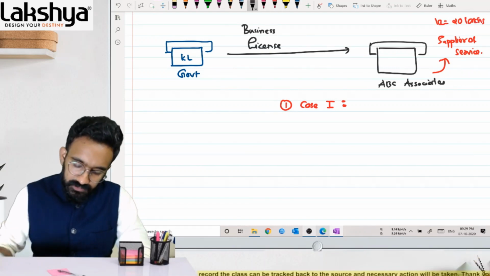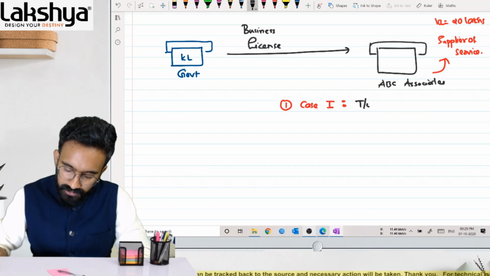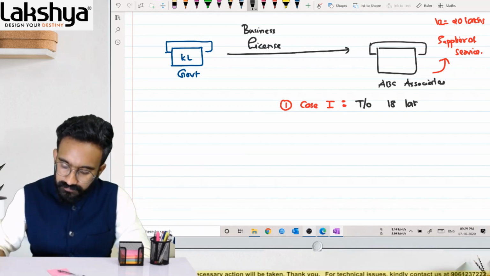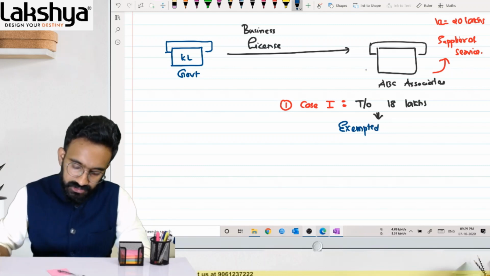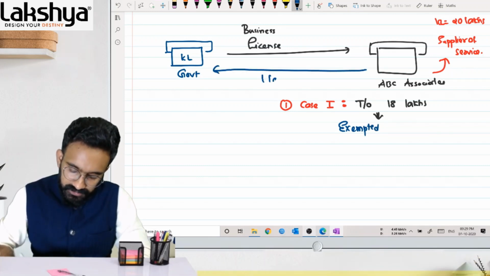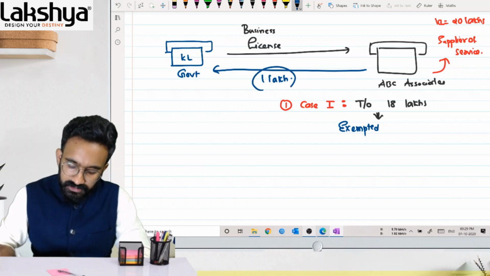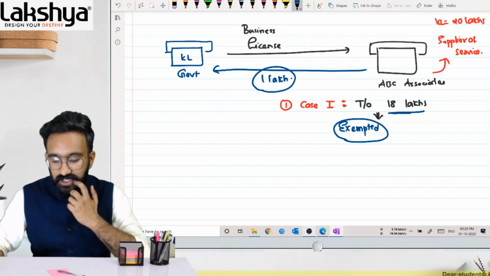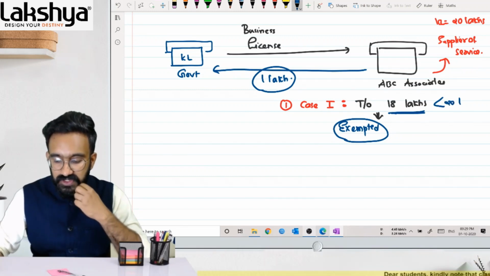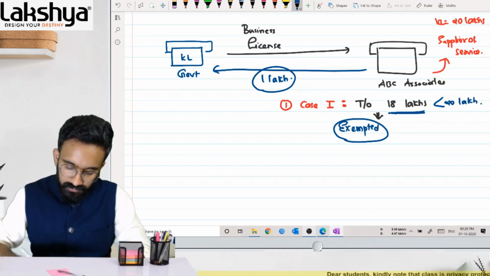Case 1: this ABC Associates' turnover is 18 lakhs. Is it taxable or exempted? It is exempted. Suppose ABC Associates is paying 1 lakh rupees to the government. This 1 lakh is not subject to GST. It is exempted because their turnover is less than 20 lakhs, which is the threshold limit.